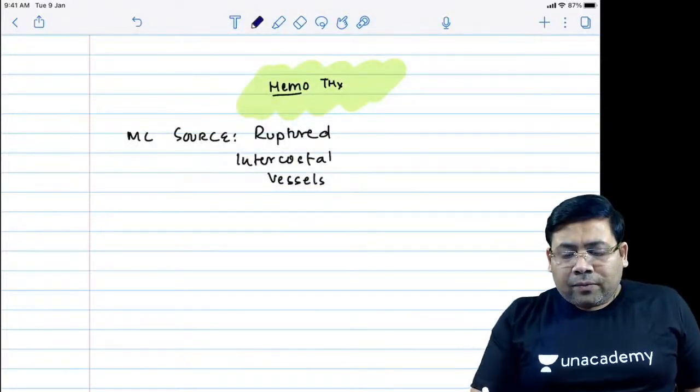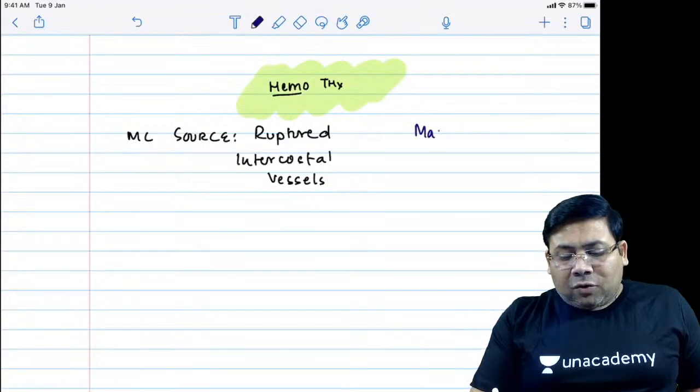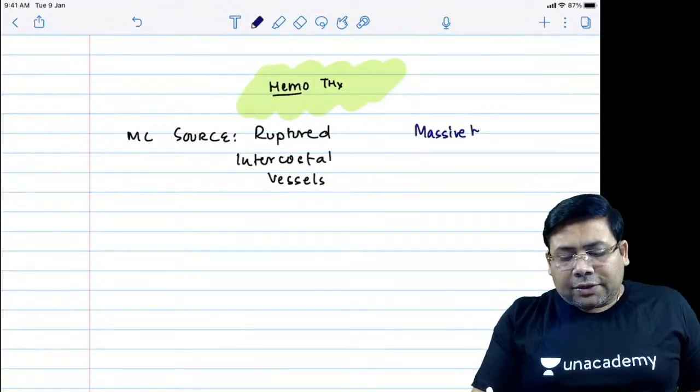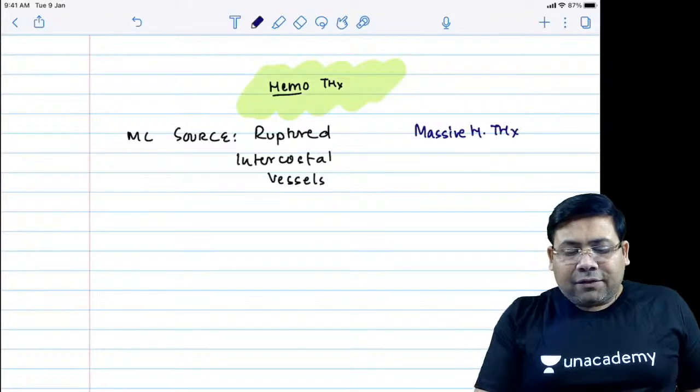Dull on percussion. The next is, what is the criteria to call something a massive hemothorax?